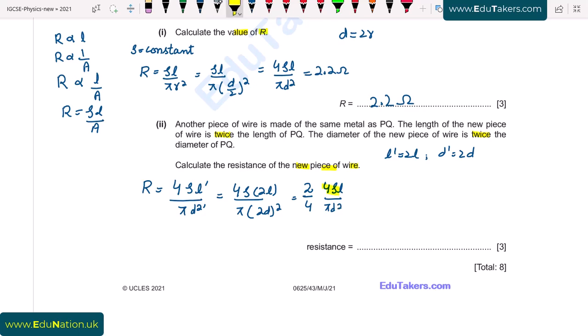This term is basically equal to the resistance and its value is 2.2. So this is 1 over 2 of R, and this is the new resistance. By putting the value of R, 2.2, the new resistance comes to be 1.1 ohms. So the resistance is 1.1 ohms.